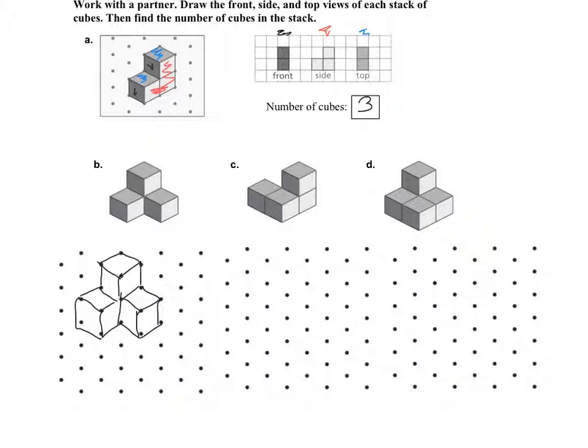And now we'll go ahead and color. The front sides are here and here and here. So those are the ones that would be facing us if we were building this. And the top, which I've made blue, are here and here and here.